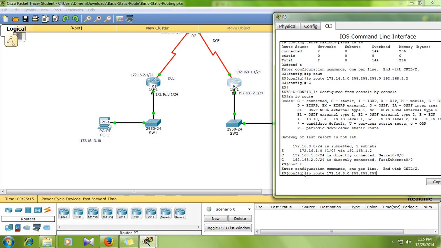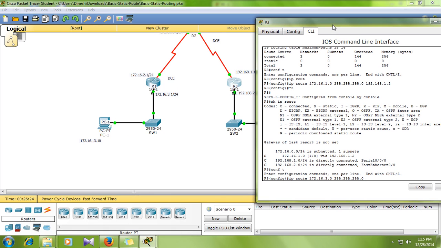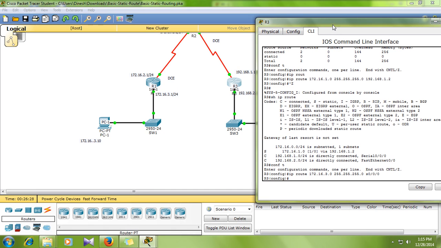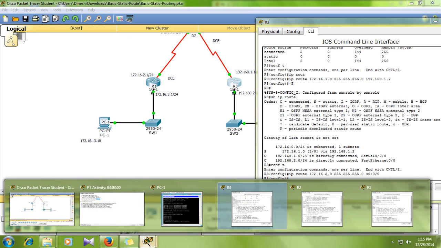Let it be either the exit interface or the next hop address; let it be the exit interface. Now we will be able to reach. See, now we are able to reach.